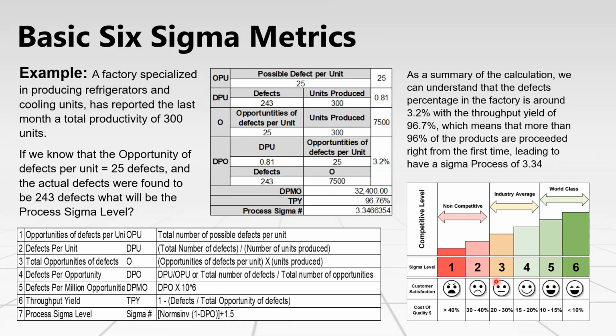If we know that the opportunity of defects per unit was found to be 25 defects and the actual defects were found to be 243 defects, what will be the process sigma level? You can see here downside, I have put all the formulas of the parameters. And let's go now to understand the solution steps for the sigma process.